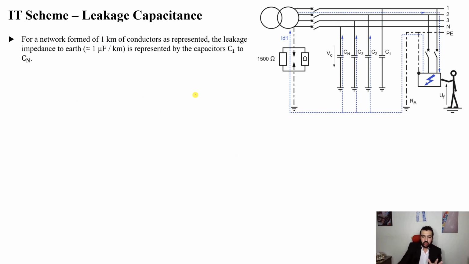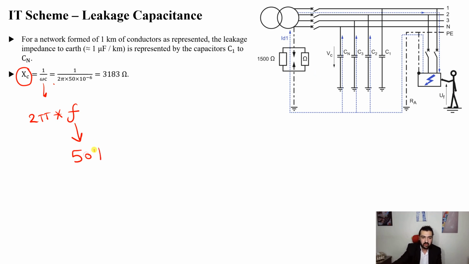Okay, so we want to know the value of leakage current during the fault occurrence. So first, XC is equal to 1 over omega C. Now omega is 2 pi multiplied by the frequency of the supply. In this particular case, I assume that my system works at 50 Hertz.